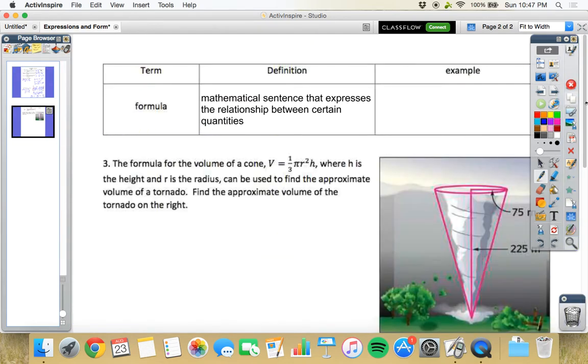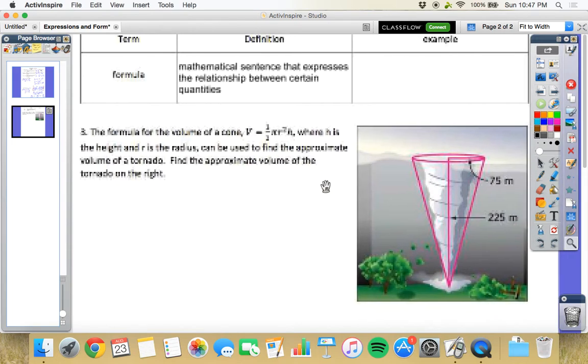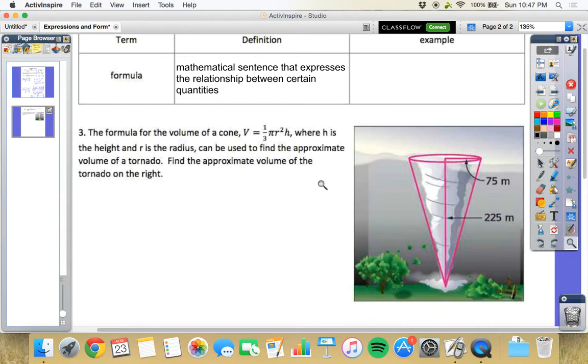On to page 2. We'll start with one more definition. A formula is a mathematical sentence that expresses the relationship between certain quantities. You've seen formulas before, of course. In geometry, you worked with them a lot. You could have the area of a circle is pi r squared, where r would be the radius.